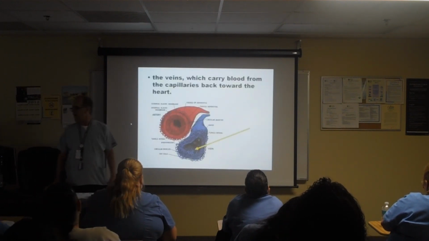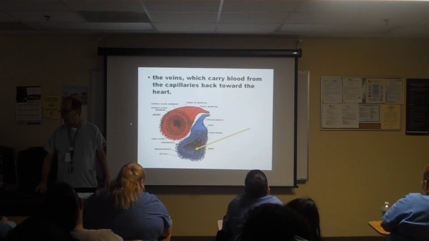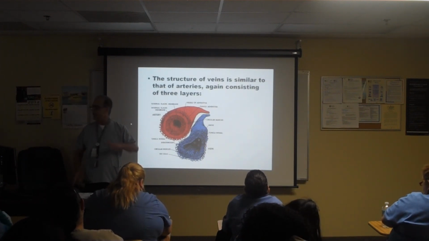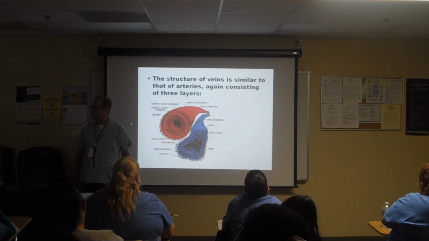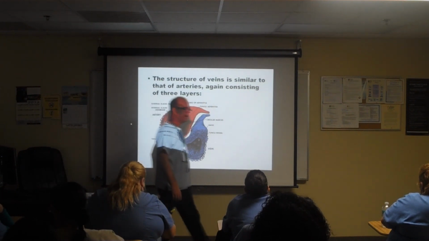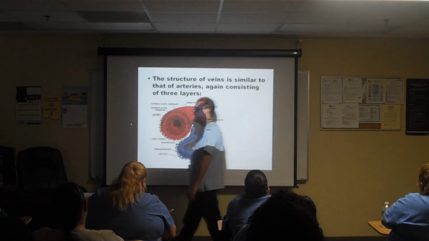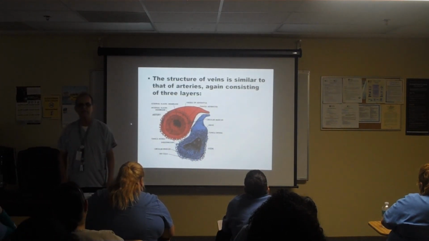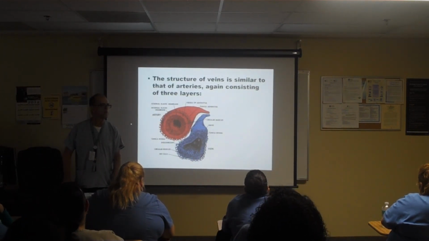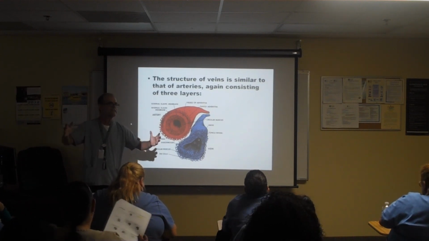The veins carry blood from the capillaries back toward the heart. The structure of the vein is similar to the arteries. Three layers exactly: intima, media, and adventitia. Three layers, but the difference is that the muscular layer of the vein is thinner, and that means the vein is easy to dilate.